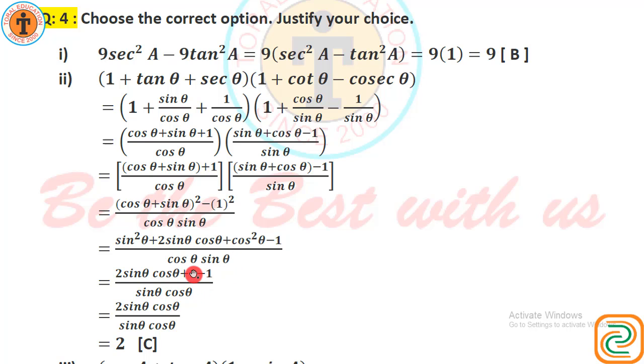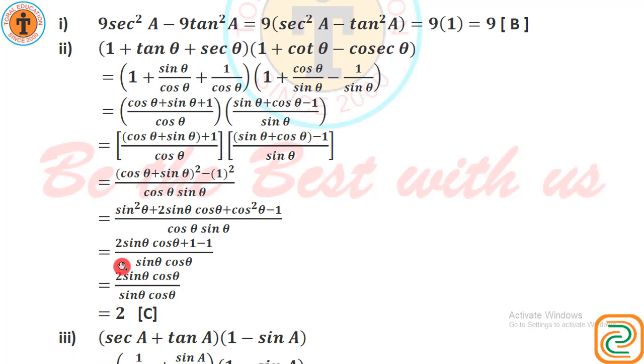Right? So 1 and 1 will be cut off. What remains? 2 sin theta cos theta upon sin theta cos theta. So this will be cut off in this step. Right? So our answer is 2. So option C is right. This is justification. Remember, justify means justification.